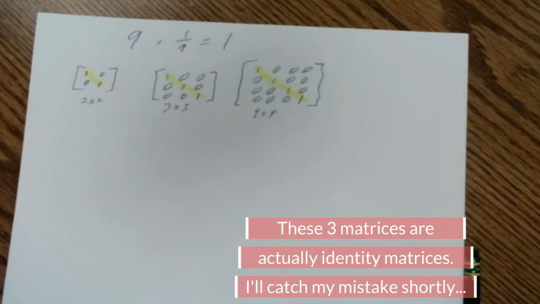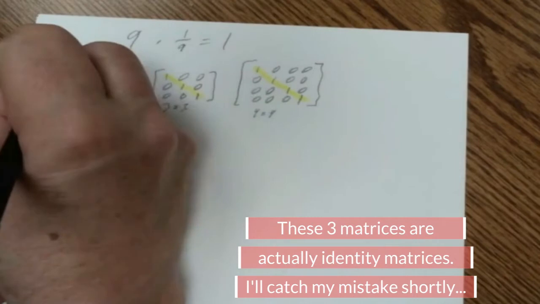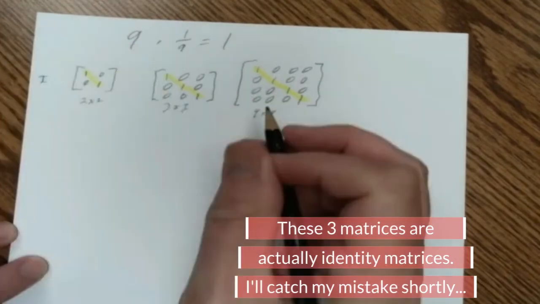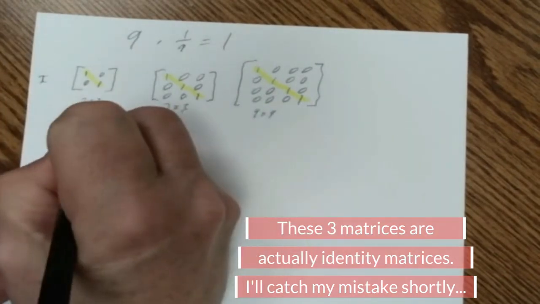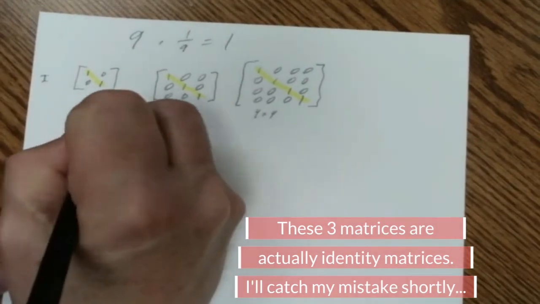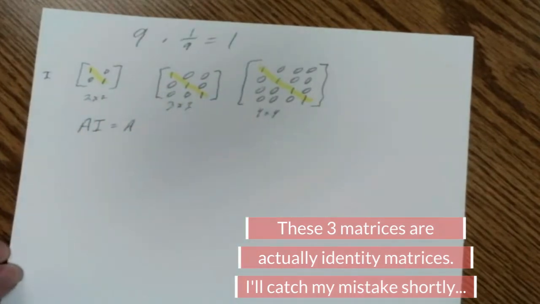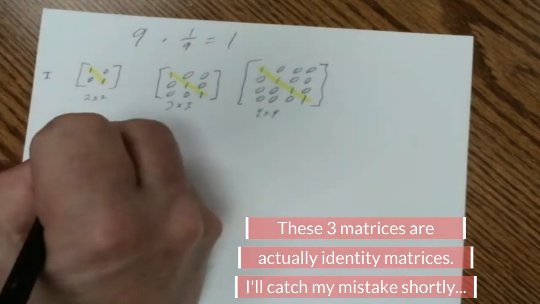Those are inverse matrices. And I'm going to call that I for the inverse matrix. If we have a matrix, let's name it A, and we multiply it by the inverse, you're going to end up with A again. Same thing, and this works both directions.